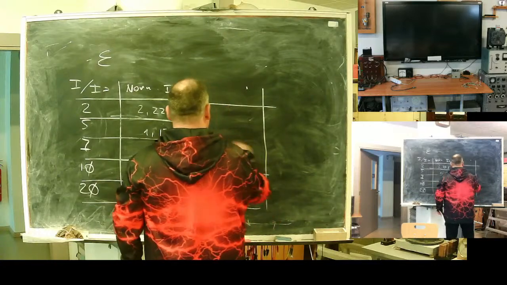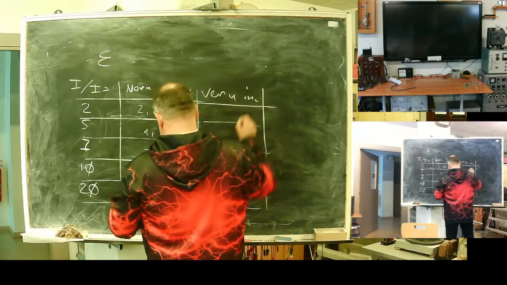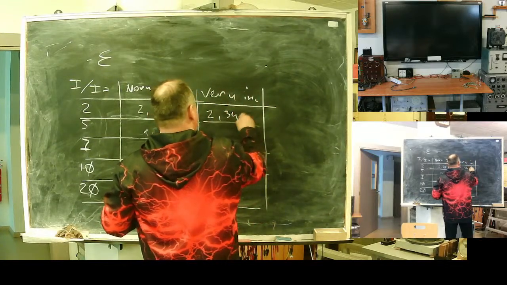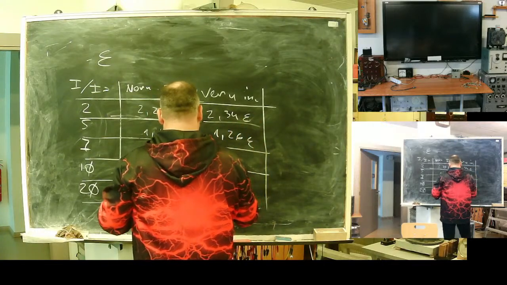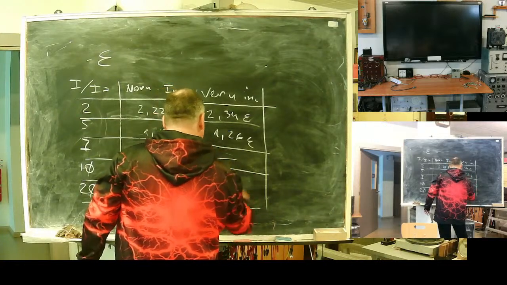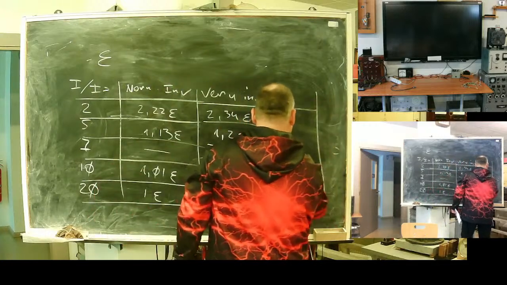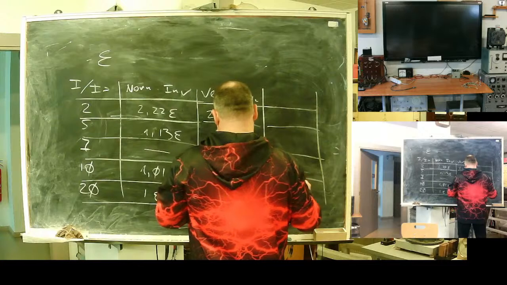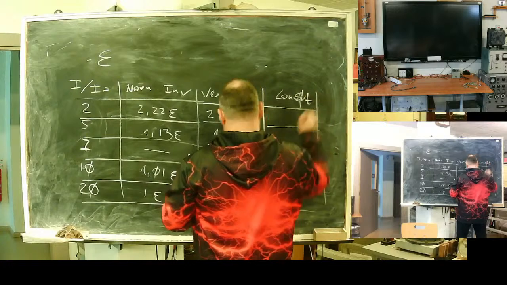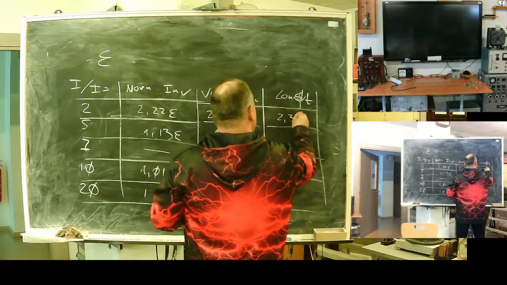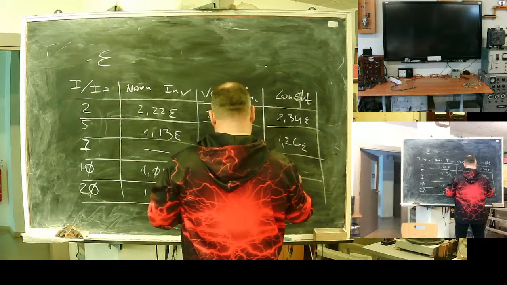The same for very inverse. 2.44 epsilon, 1.26 epsilon. Not specified, again 1.11. And for long time, for long time, 2.44 epsilon, 1.26, 1.